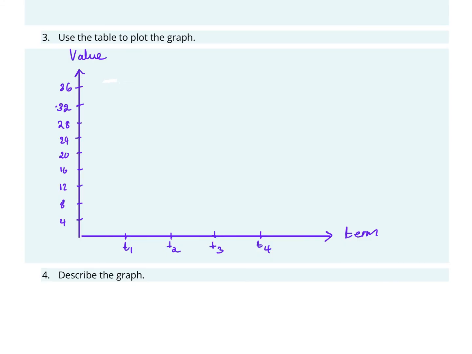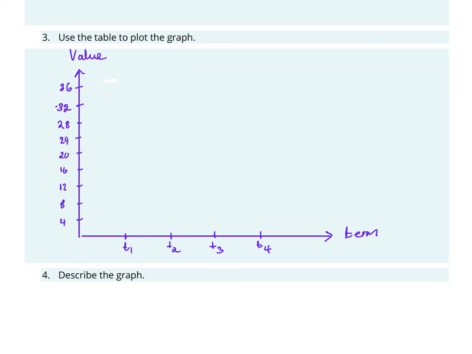So part 3 asks us to use the table that we've just plotted to draw the graph. Very important here that we put the term on the horizontal axis, the value goes on the vertical axis. And it's also very important that we use a scale. On the vertical axis, I've gone up in 4s because that obviously suits the data that we've got.